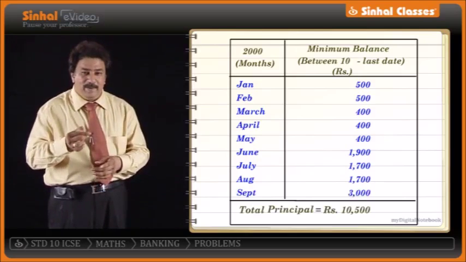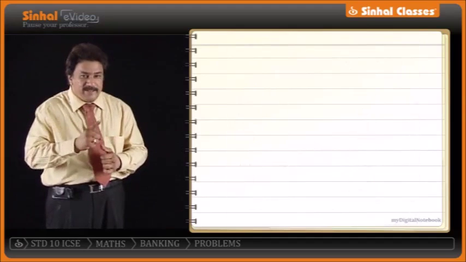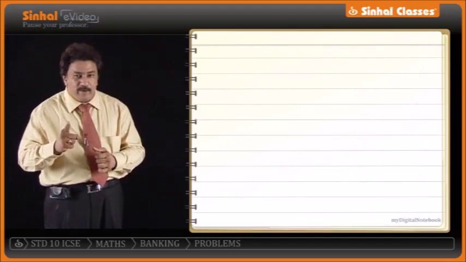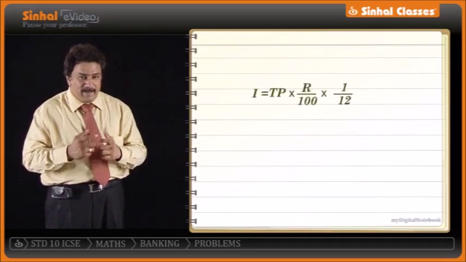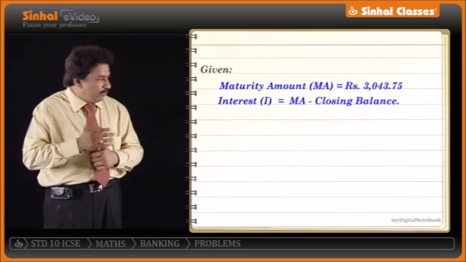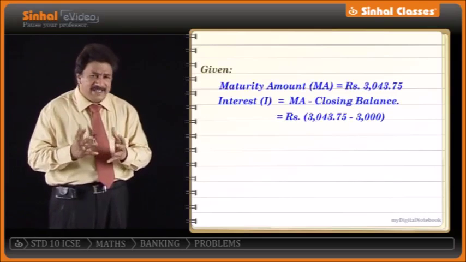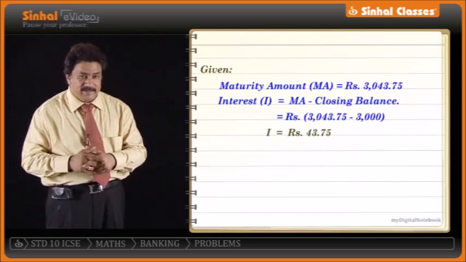Now, this will be helping me to find the rate of interest. Now, see, what's the formula? Interest is equal to total principal into rate into 1 upon 12. I know the interest, that is amount received minus the last balance, that is 3043.75 minus 3000. So 43.75 is nothing but the interest.